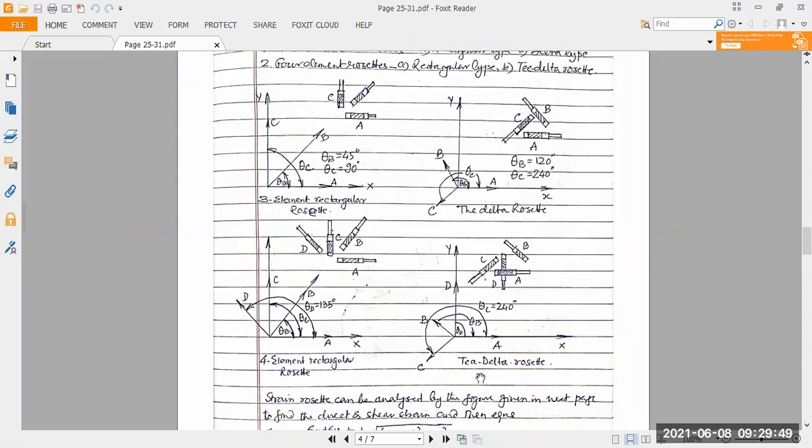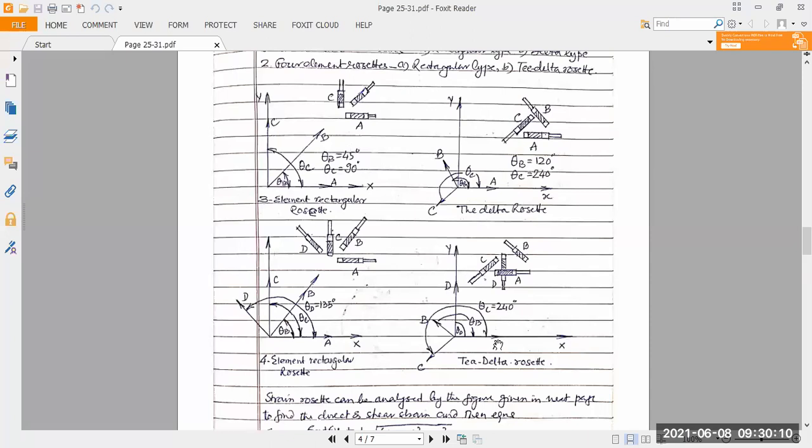How does it work? It looks like a T in certain cases, like this, and this. OA is horizontal, B is at a certain angle, C is at an angle from it, and D is vertical itself. So what we are doing, we are putting one strain gauge along OA, that becomes 0 degree.